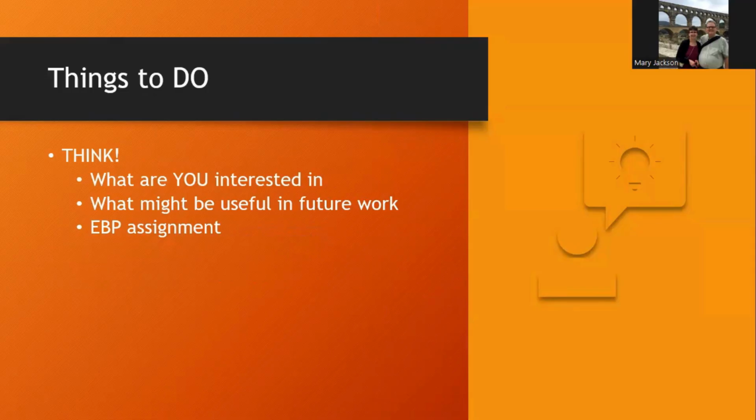Also think about what might be useful in future work, specialties that you're interested in. If you want to do pediatrics, mental health, or any other specific specialty, then definitely pick a topic within that area.